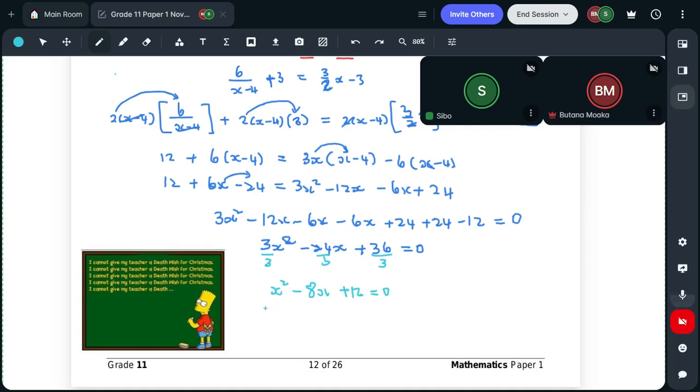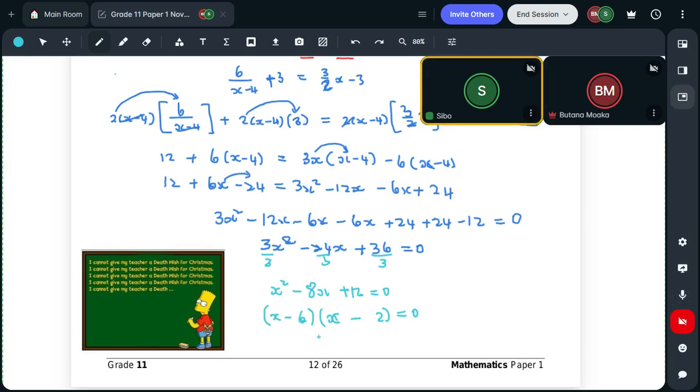Then we factorize this. We need the factors of 12 that when you add or subtract, they give you 8, which is 6 and 2. Since it's positive, both of them should be negative.